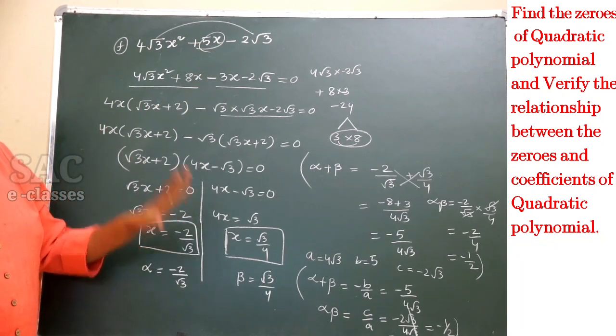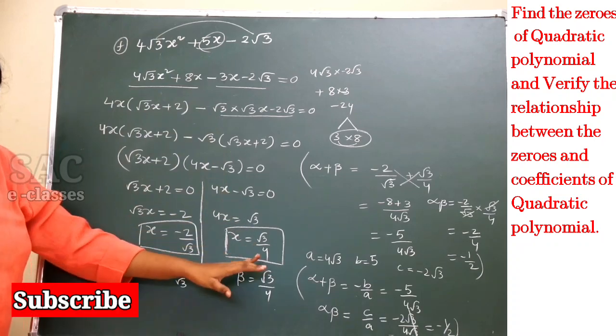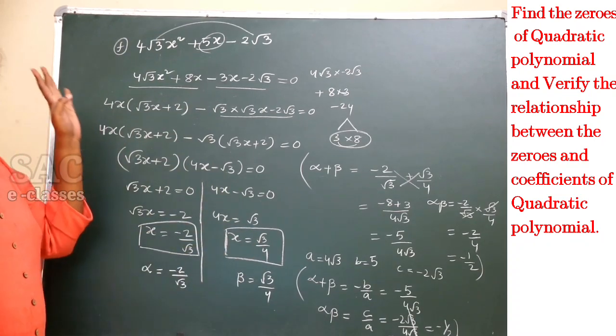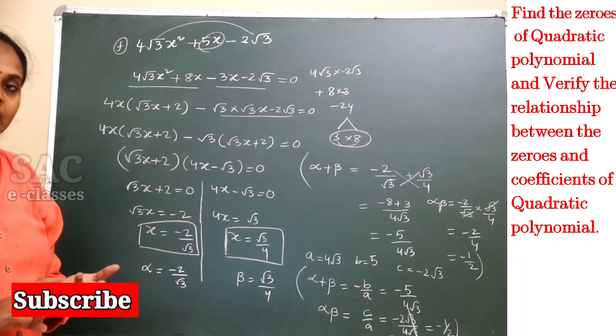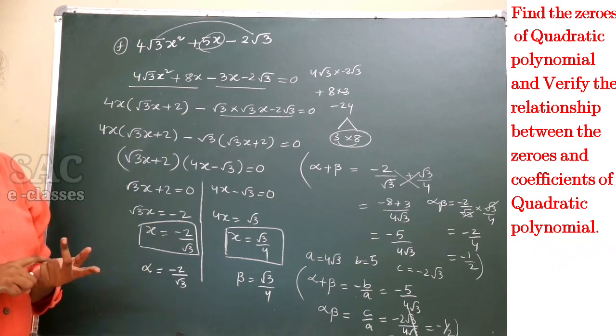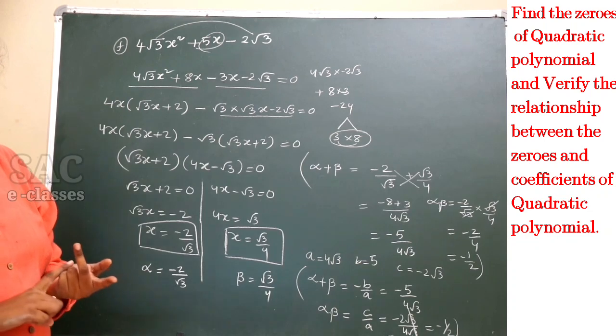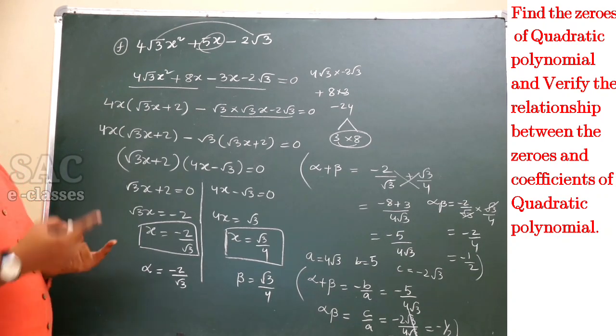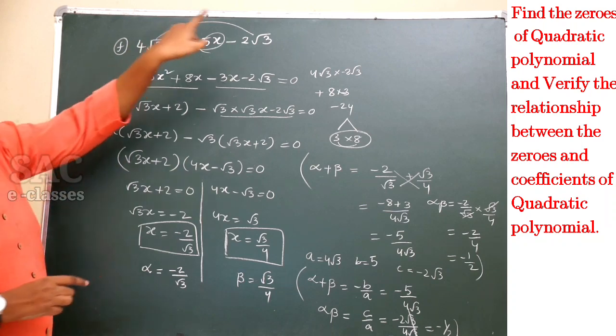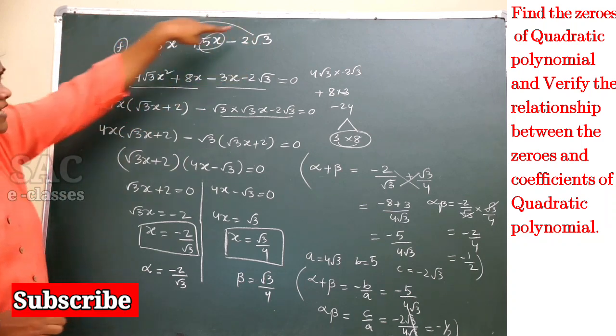In this way, you can understand this concept very well. In this we have discussed the 4 models. Those are whenever the linear term is absent, whenever the constant term is absent, whenever there is a complete quadratic polynomial, and whenever there are irrational coefficients.